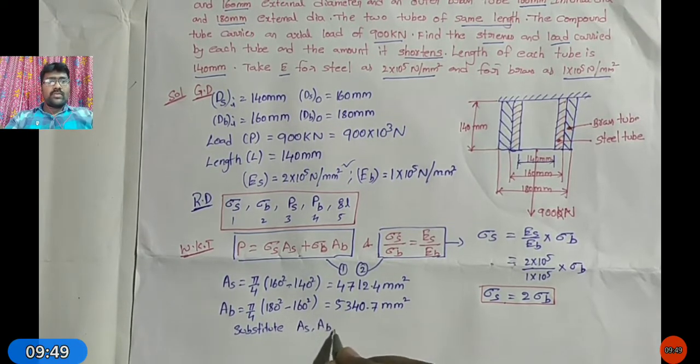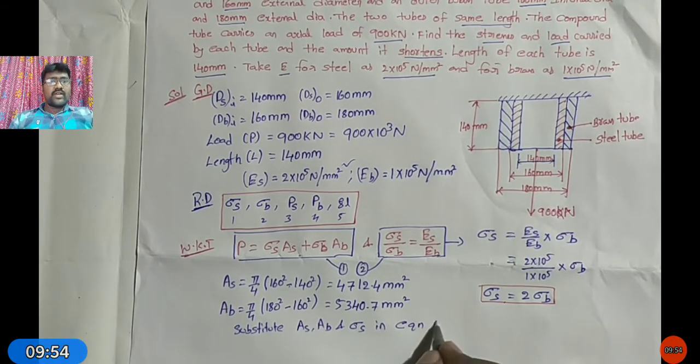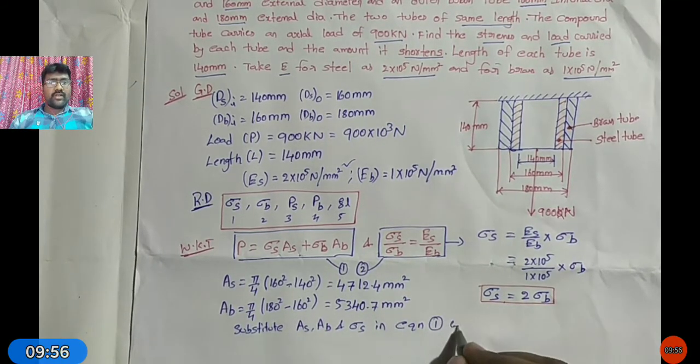Next, substitute area of steel and area of brass and sigma S values in equation 1.